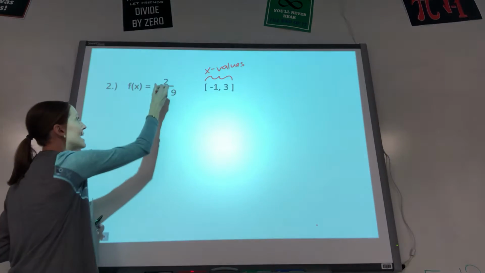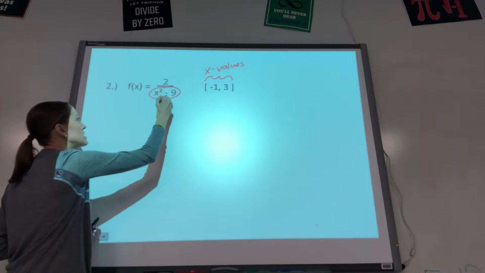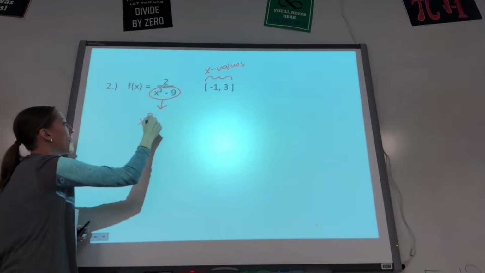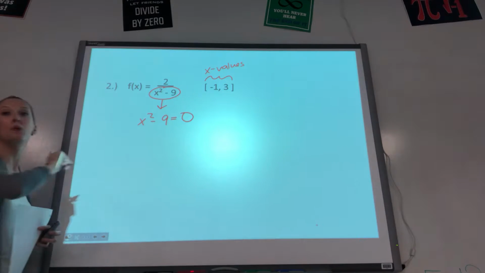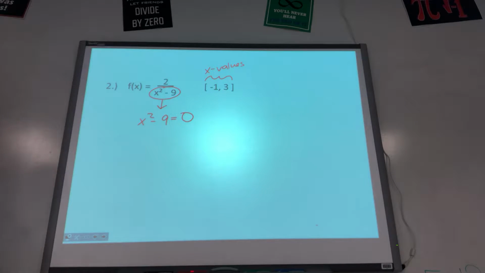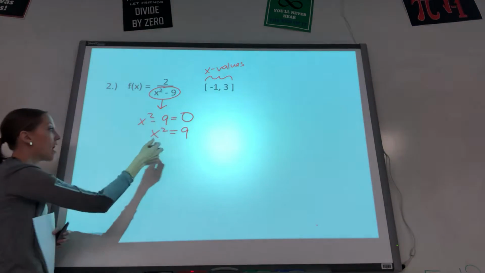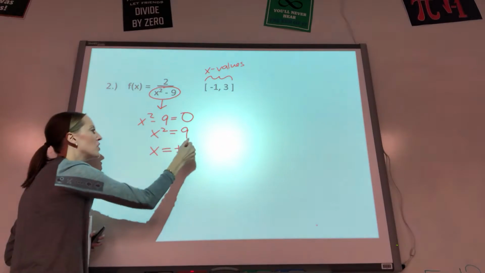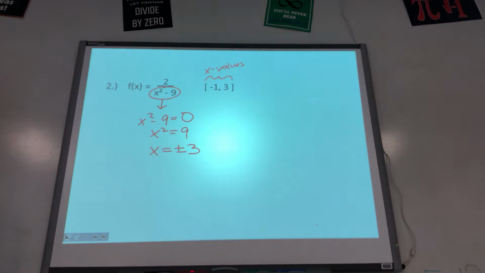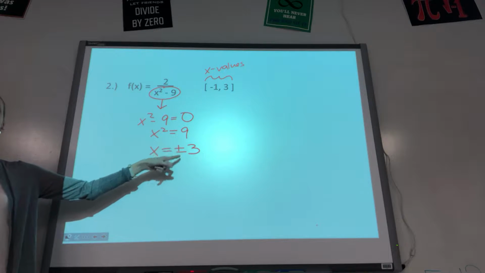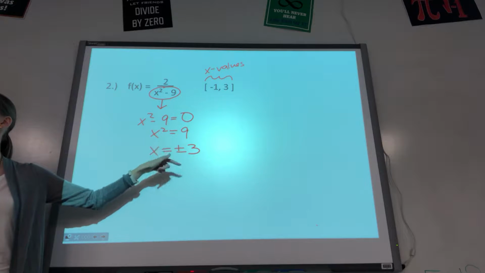Now, before I even graph this, I'm going to do kind of like what we did yesterday. I want to think about my suspicious x values. If you think about the denominator equaling 0 and you solve it for x, you should be concerned about +3 and -3. Now, actually, there's one of those that we don't have to be concerned about.